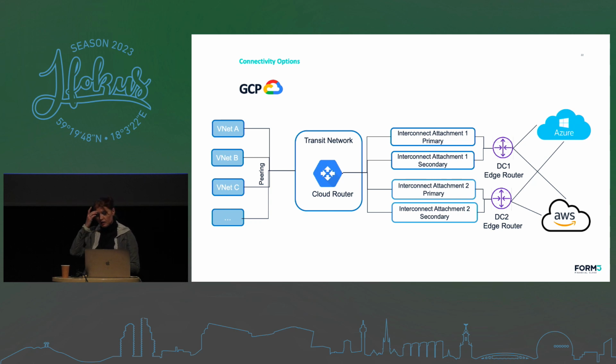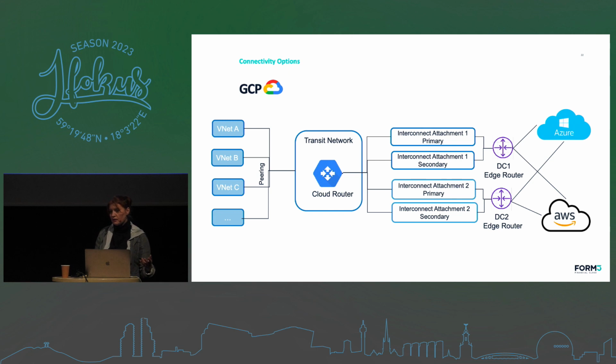With GCP, connectivity looks completely different. You don't have such a concept as transit gateway. In GCP, you have a transit network. Transit network is like a dedicated VPC. You have slightly different naming conventions in AWS and GCP.